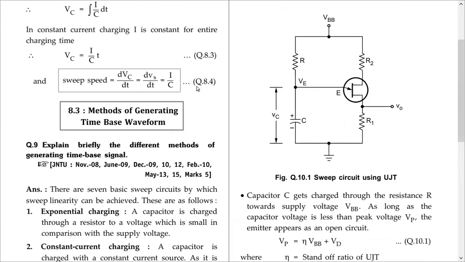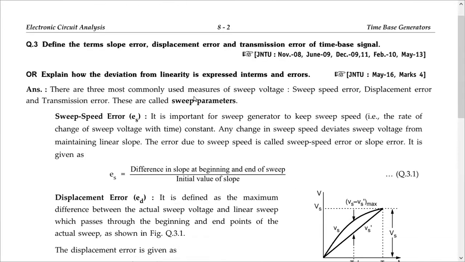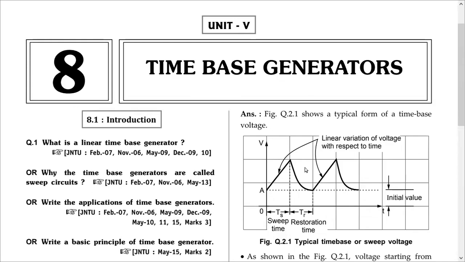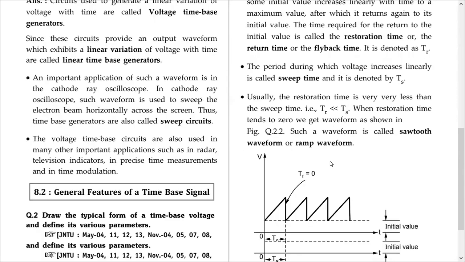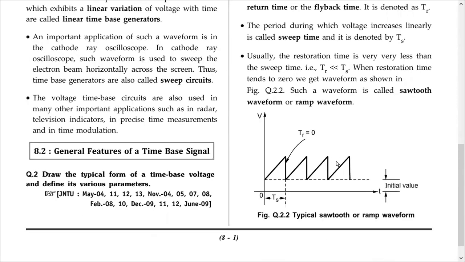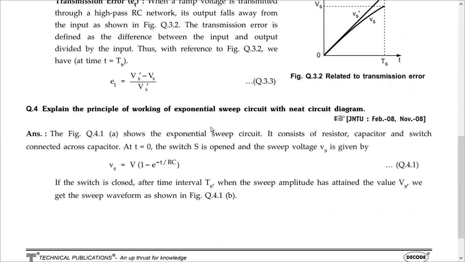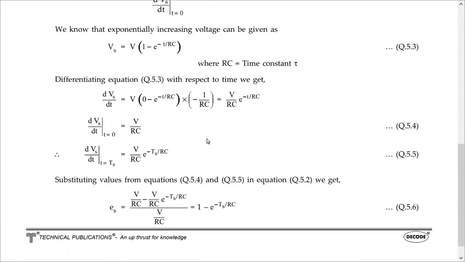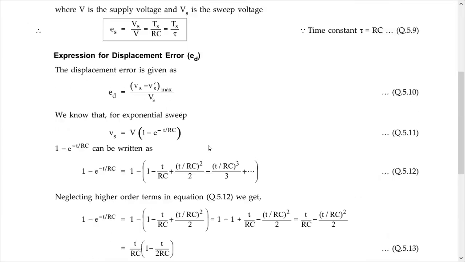The signal should have straight lines. With respect to time, if the voltage plot has straight lines, then such signals are called voltage time-based signals. We have already discussed this in the beginning of this topic in the previous class.